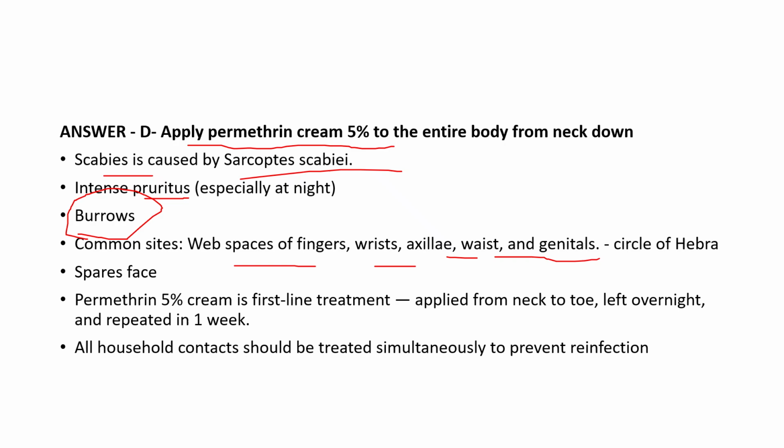This is called the circle of Hebra. It usually spares the face, and you also don't have to apply permethrin over your face. Permethrin 5%, first line treatment, applied from neck to toe, left overnight, washed the next morning, repeated in 1 week. All household contacts or all hostel contacts should be treated simultaneously to prevent reinfection.